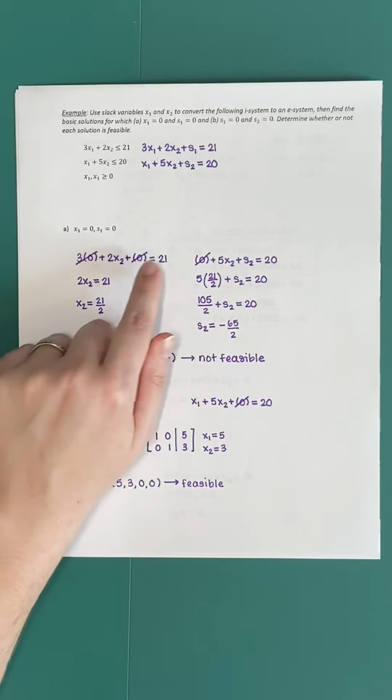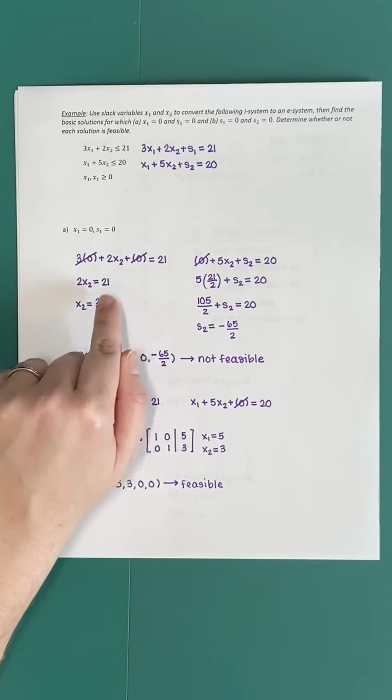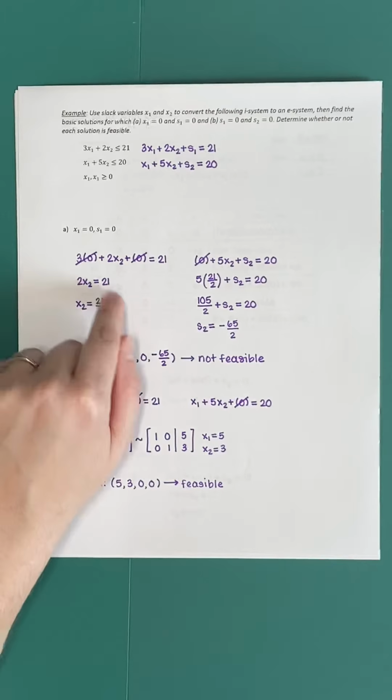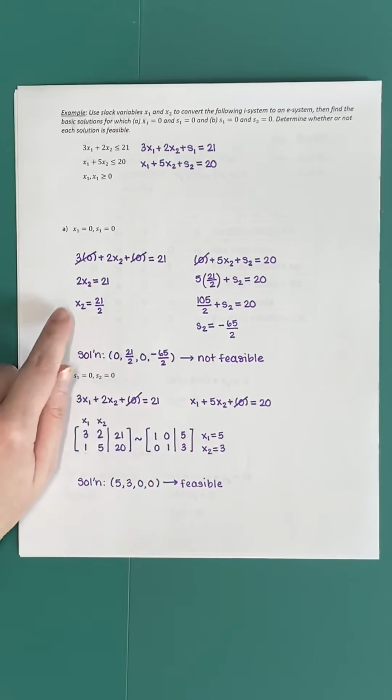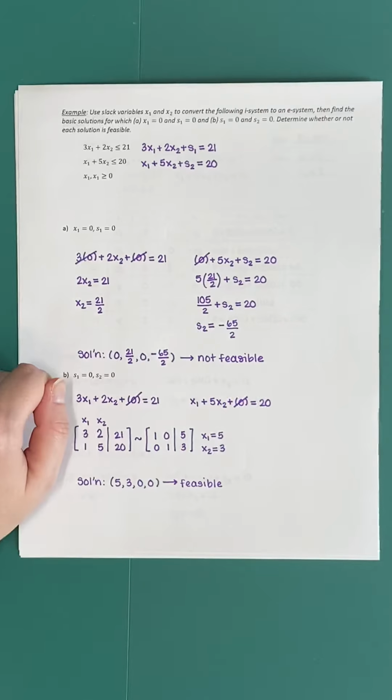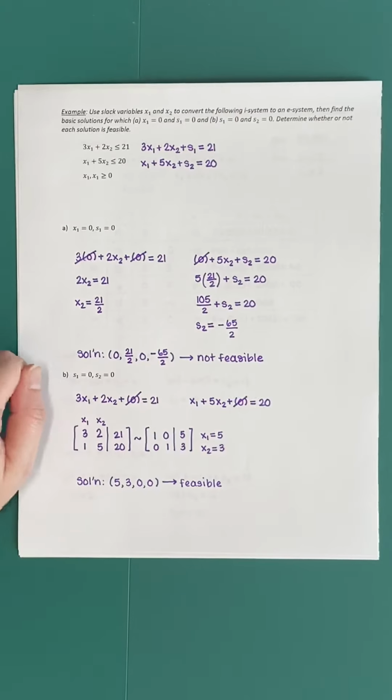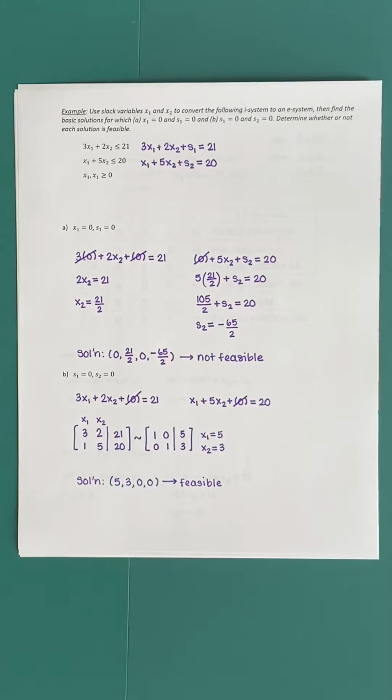So I'm going to solve for x2 by isolating x2, divide 2 from both sides. So we get that x2 is equal to 21 divided by 2. If we wanted to convert that to a decimal, we could, of course, divide at that point. Just depending on the situation we're in, we can either convert to a decimal or leave it as a fraction. General rule of thumb is unless you're told that you can convert to decimals, you should leave things as fractions.